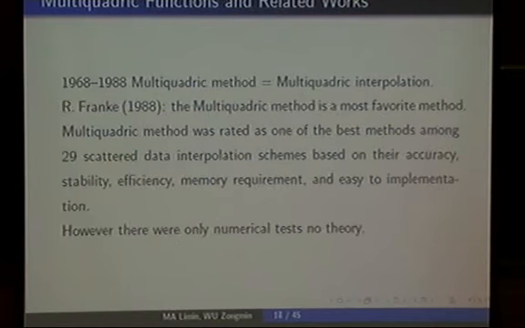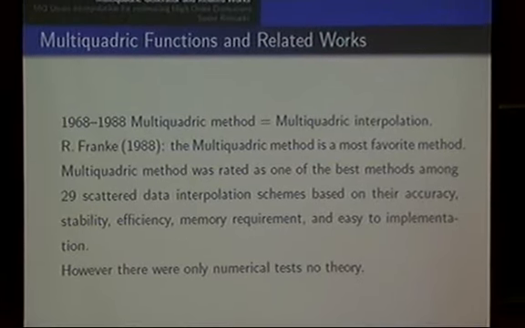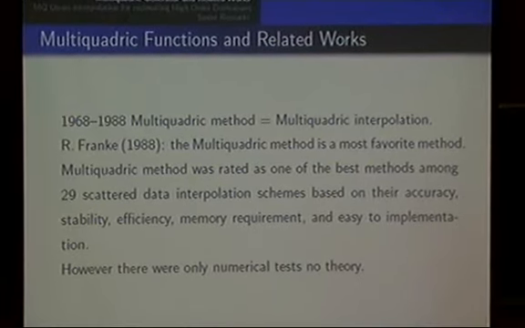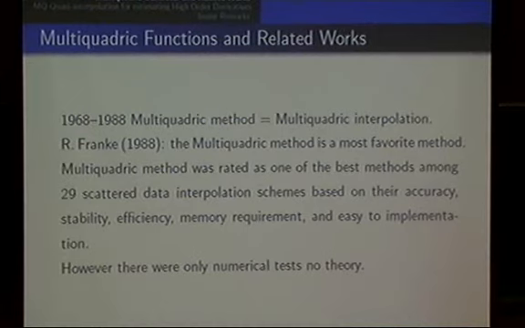From 1968 to 1988, the multiquadric method mostly meant multiquadric interpolation. A lot of people were working on these topics. For example, Professor Jung has proved the LP approximation by using multiquadrics. The multiquadric method is a most favorite method.